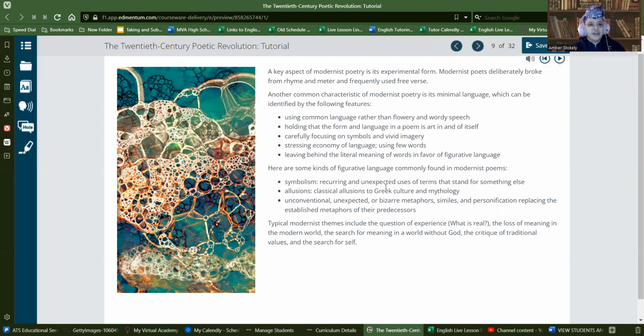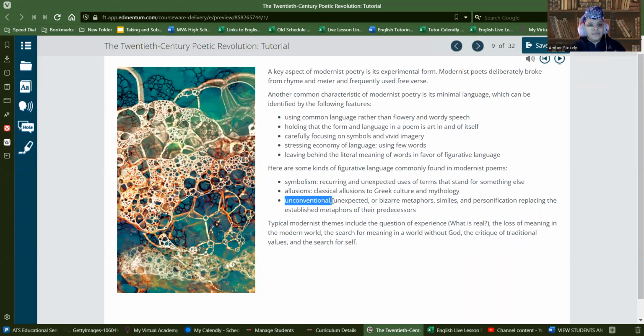Now, in this case, modernism has classical allusions to Greek culture and mythology. So, for example, you might find a reference to Zeus or a reference to Hercules, and they'll mention it without giving you any explanation because they assume that it's so popular and well known that you'll pick up on what the meaning is. And then this last one here is unconventional.